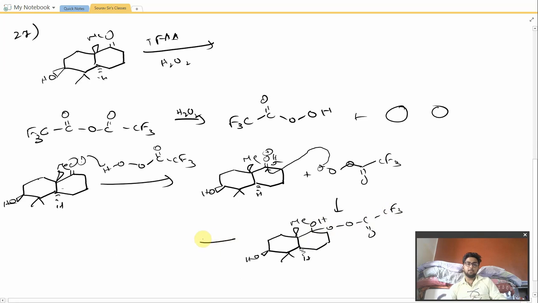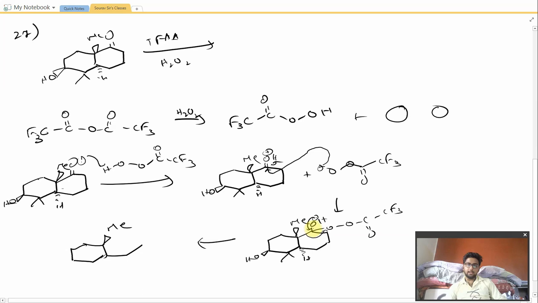Now this lone pair of electrons would fall over here, and this bond would shift to this oxygen. So this bond is obviously breaking. We have a methyl group over here, and the number of carbons is 1, 2, 3, 4.